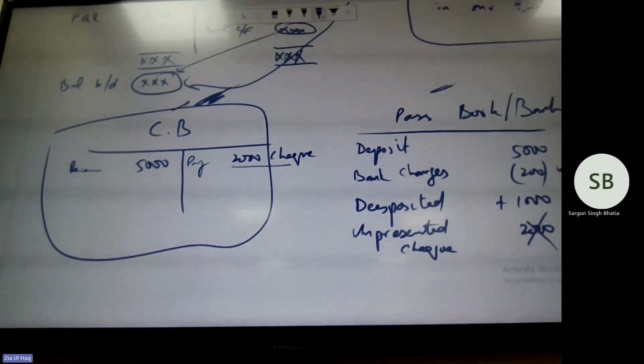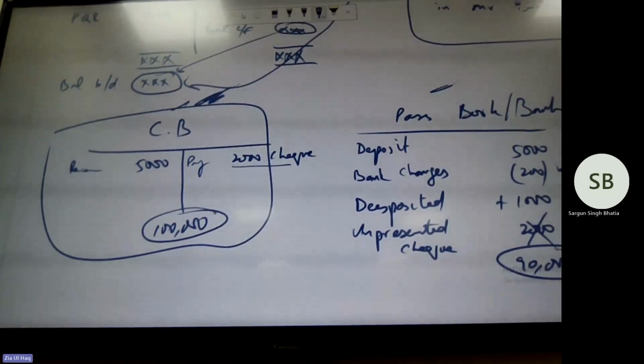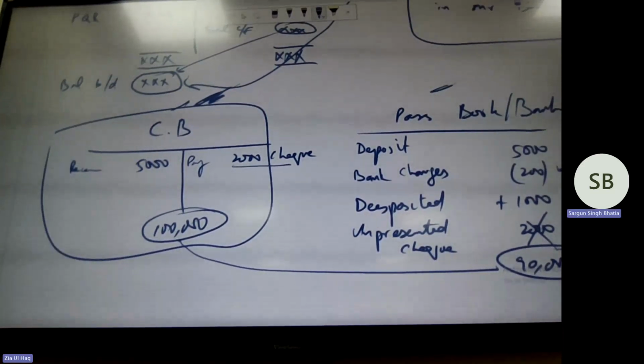Suppose we are expecting that in our bank account we have 100,000, while our passbook is showing we have 90,000 in the bank account. And suppose we need to pay a payment of 98,000 to a party. We have given him a check of 98,000. When he presents the check to the bank, the bank says we don't have 98,000, we have 90,000. So there will be a difference of 8,000.